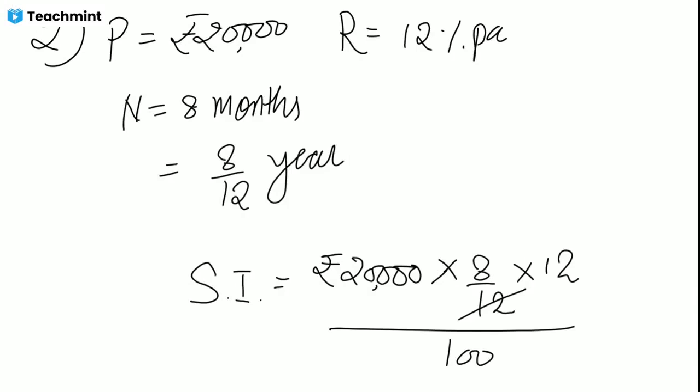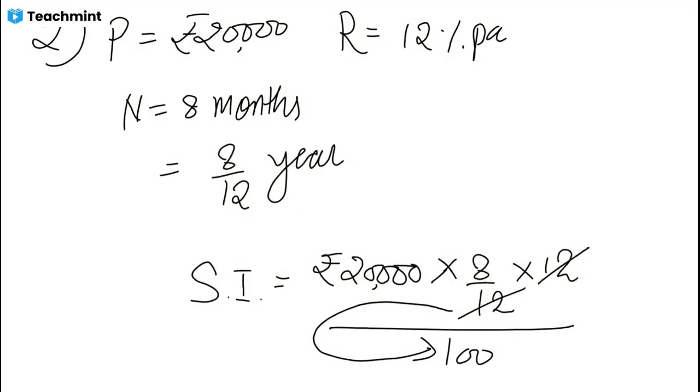You can just cancel this, or even write this denominator here, because when we have a fraction in the numerator, both denominators will multiply, by the fraction rule. Got it? Simply you have 12 here, that is why you can cancel easily.